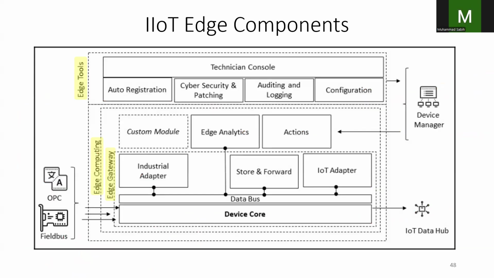This slide gives us a visual representation of the different components of an IoT Edge. On the left side, what we see is the data source: sensors and controllers. Sensors and controllers are connected through the field bus, and these are the core devices.